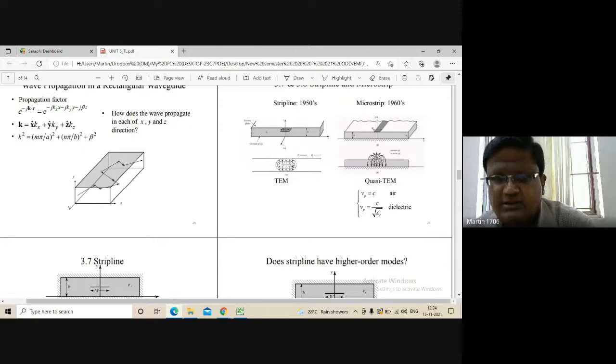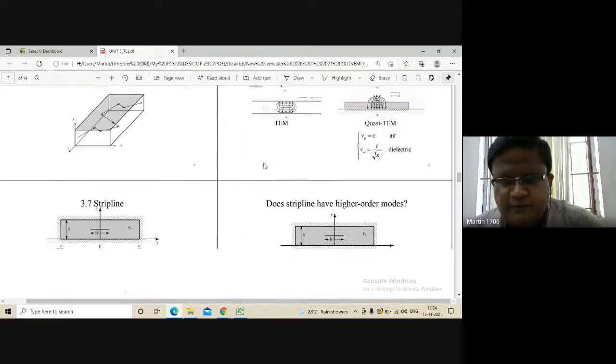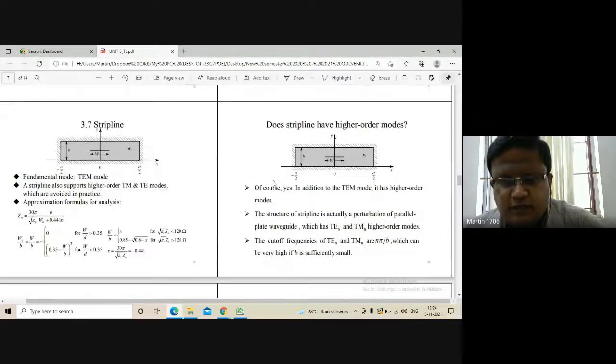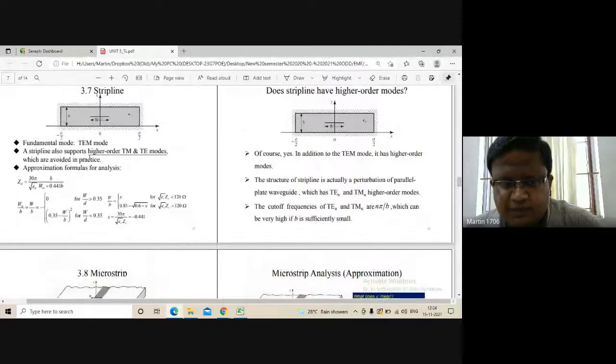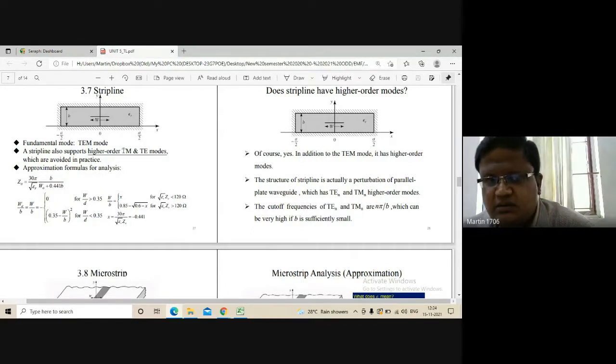The fringing effect is nothing but these mode patterns only, TE, TM or TEM. So from this also we can find out what is meant by the discipline. You can see the TEM fundamental mode will be there. And the strip line also supports the higher order TM or TE modes, which are avoided in practice.